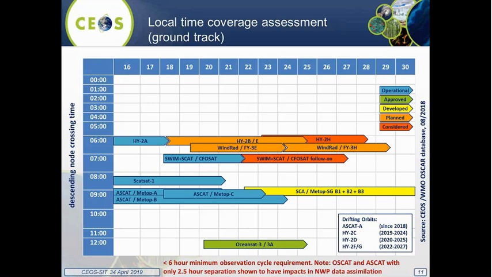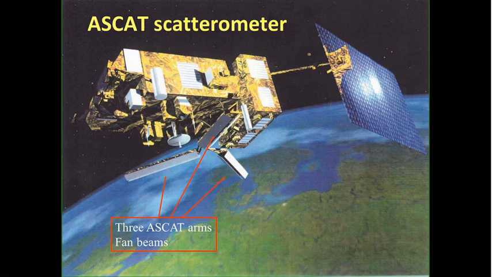So now a little bit about the working of a scatterometer. A scatterometer is using microwave beams that are sent to the ocean surface. And here you see the METOP satellite from EUMETSAT, and you see 3 arms. These three arms constitute the antennas of ASCAT. Each arm, in fact, has two antennae, two elongated strips.